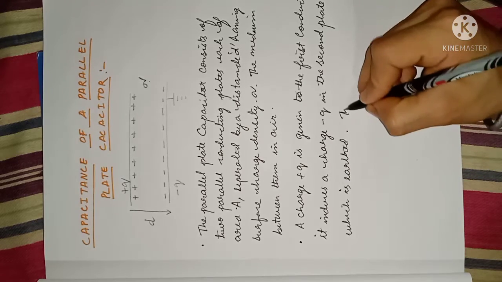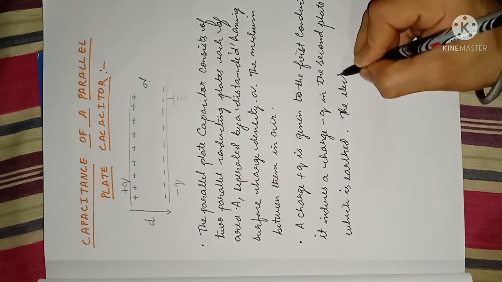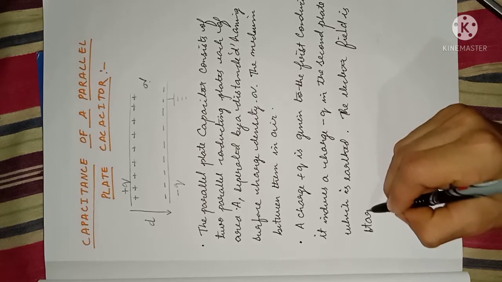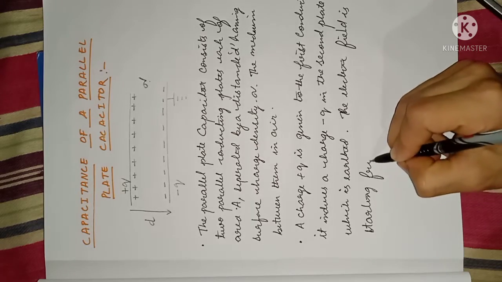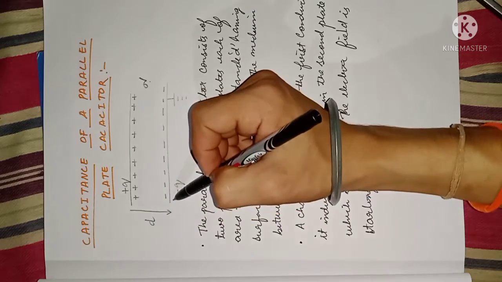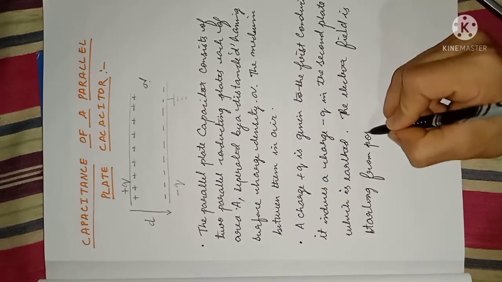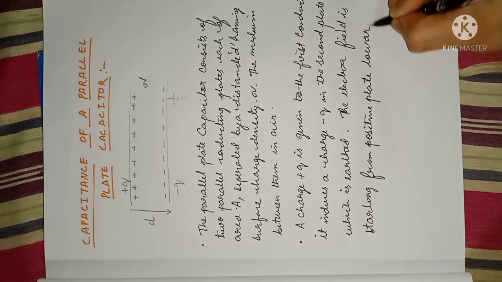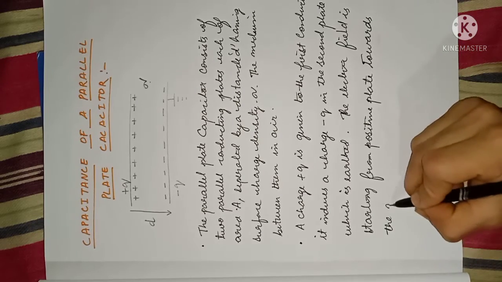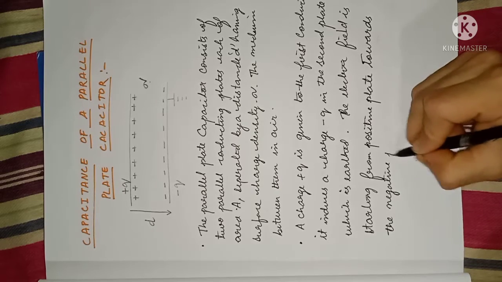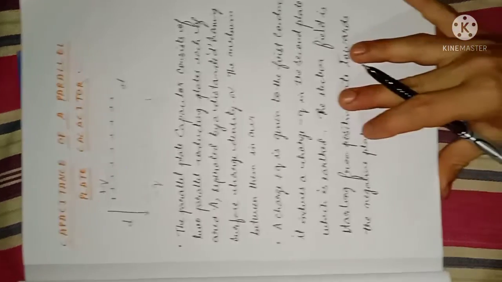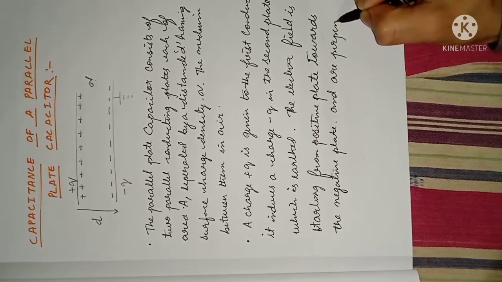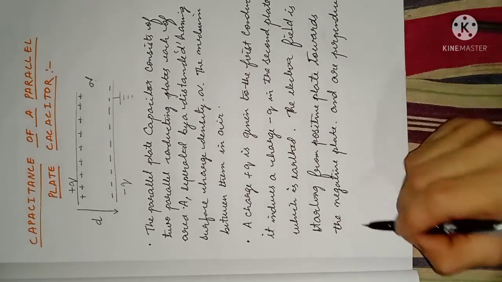So we can write the electric field is starting from the positive plate towards the negative plate, and the plates are perpendicular to the field.